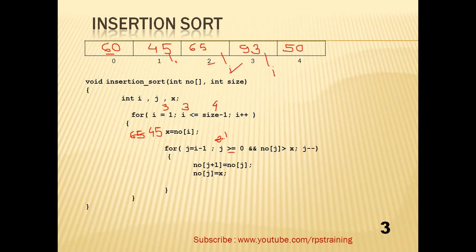j minus minus is 0. 0 greater than or equal to 0, condition true, and no0 greater than x. x is 45, and no0 is 60. 60 greater than 45, condition is true again.